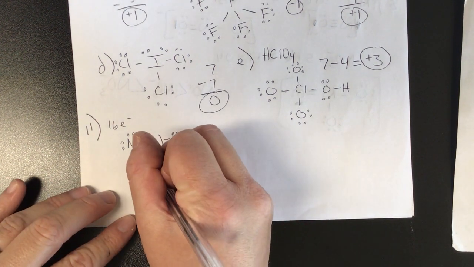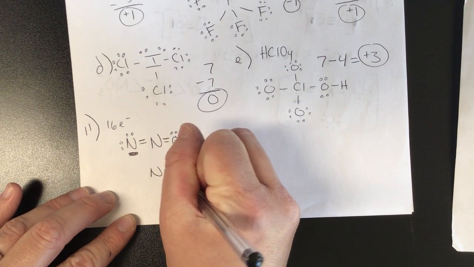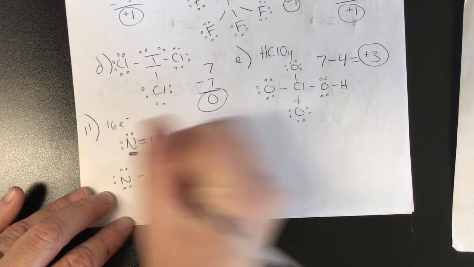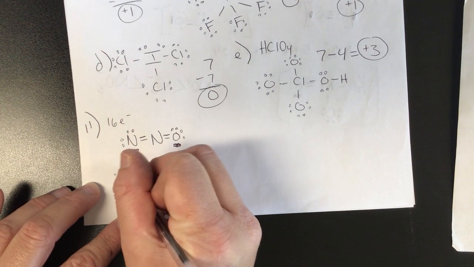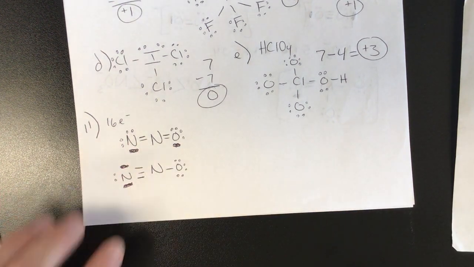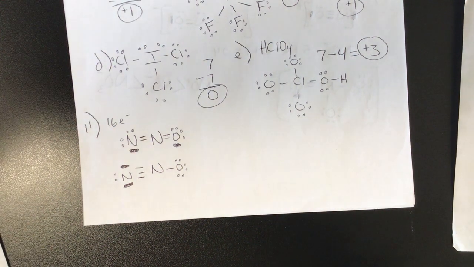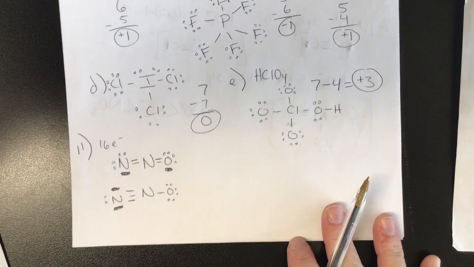But we could also do it where we just share from the nitrogen and get a triple bond. Those are the 2 possible structures that we can have.